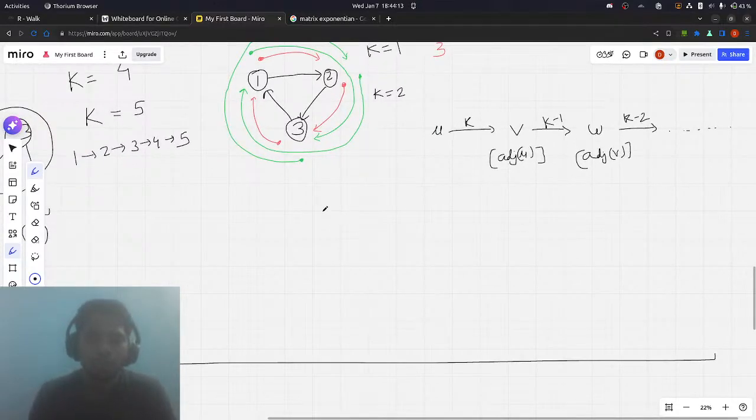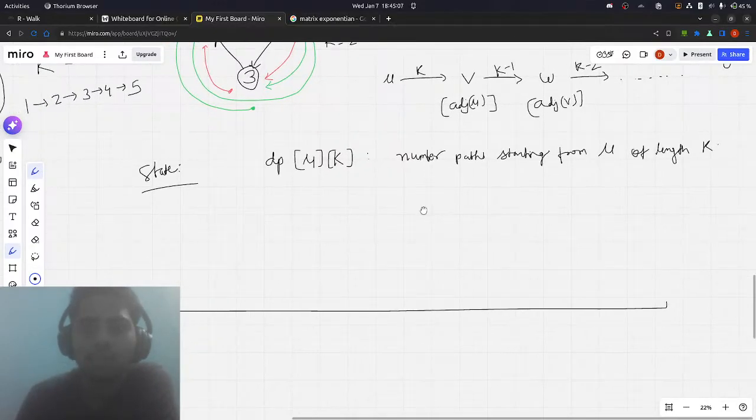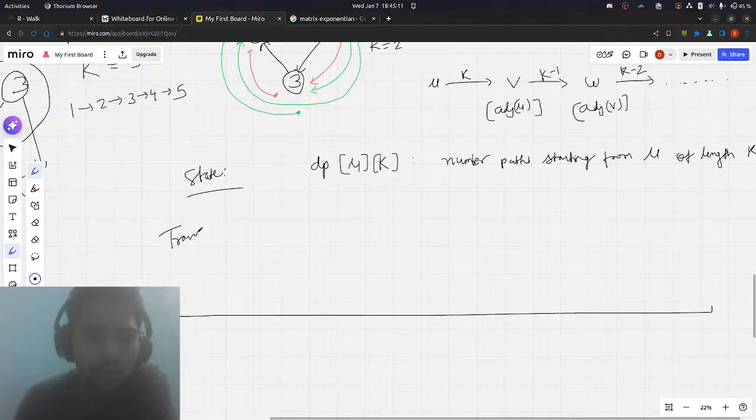Suppose we have a DP state like this, U and K. What this tells is the number of paths starting from U of length K. The base case is simple, right?